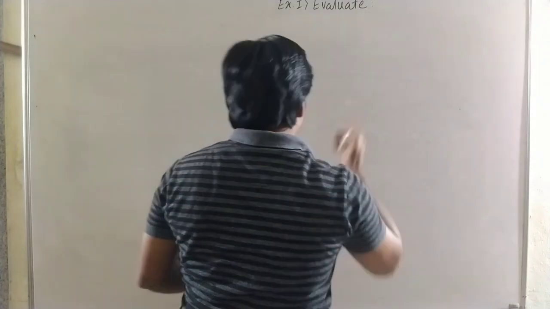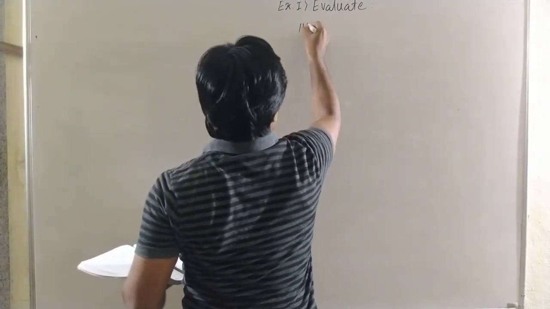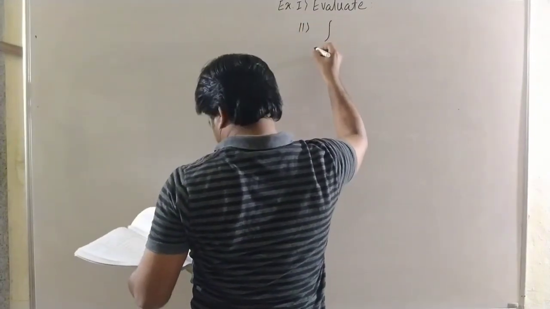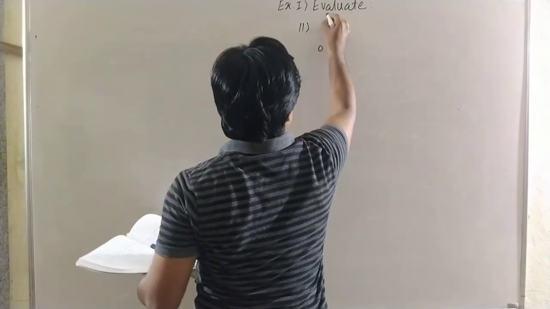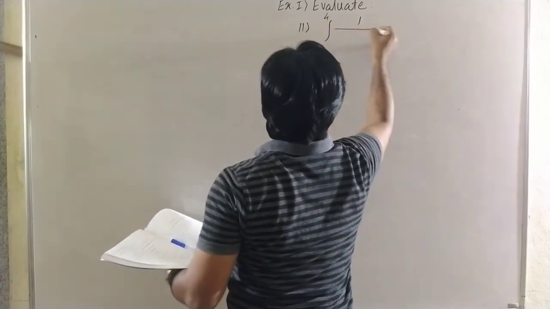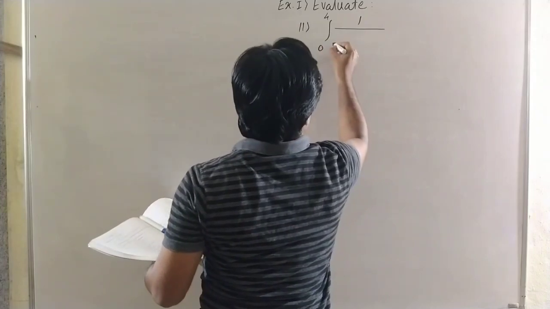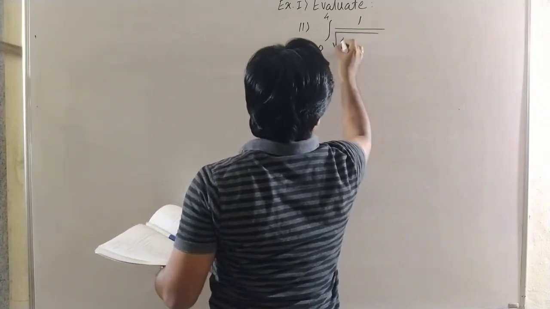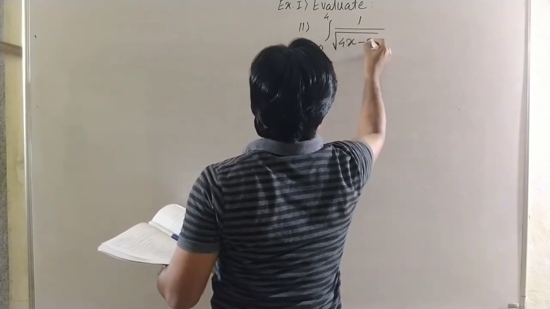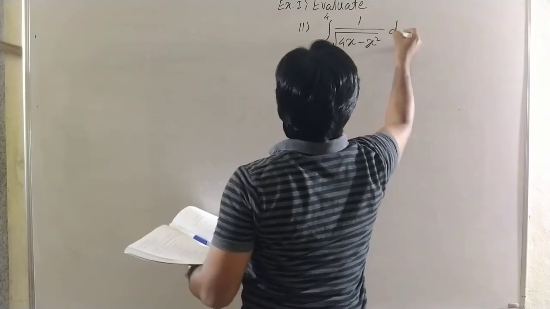Example number 11. Integral 0 to 4 of 1 upon under root 4x minus x square dx.